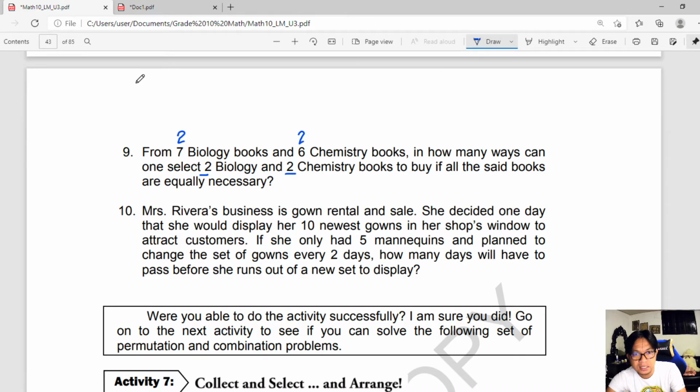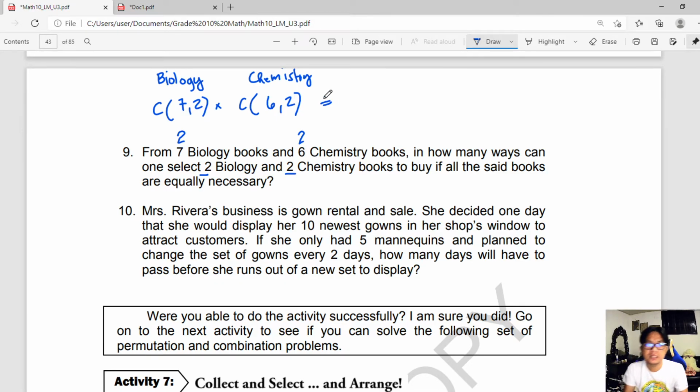So, that is combination of, sa biology ito, no? Equally important kasi sila. So, for the biology, ito yung combination niya. Combination of 7, and you need 2 books, times combination of 6 taken 2 at a time for the chemistry books.